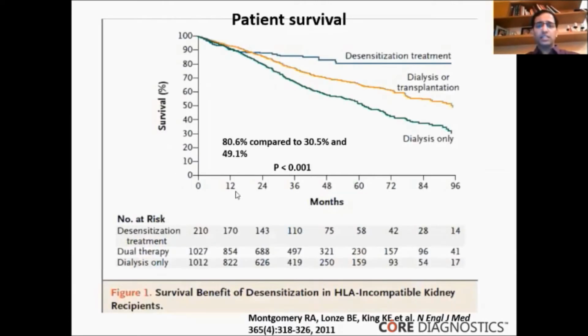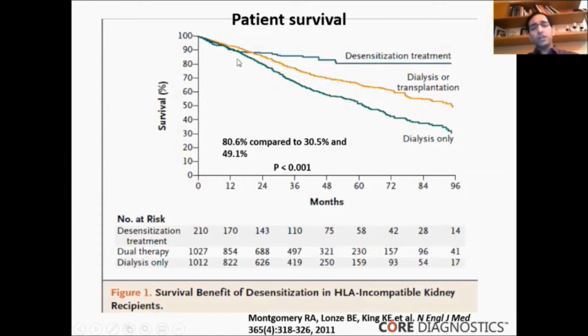So this is the classic Montgomery paper from NEJM in 2011, in which the blue line is patients who underwent desensitization, and what we're looking at is mortality. At around 5 to 6 to 7 years, there is around 80% survival.